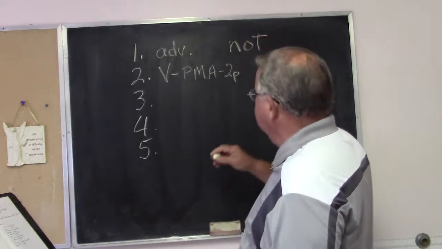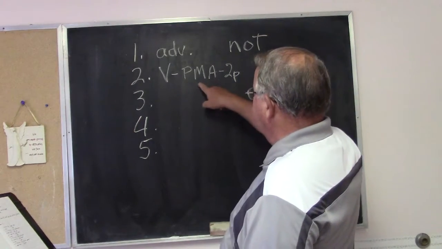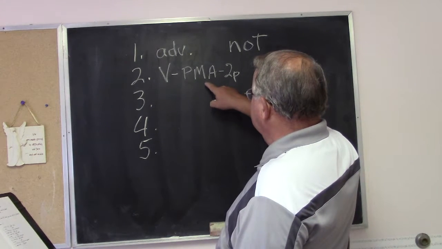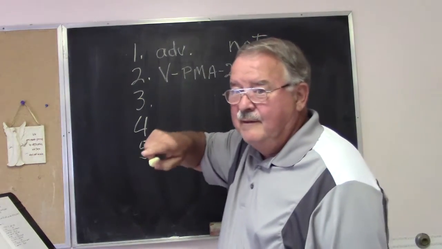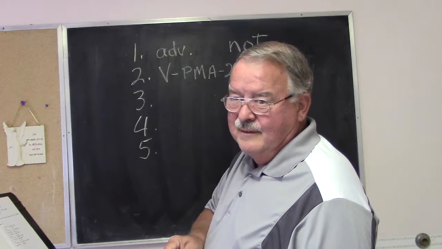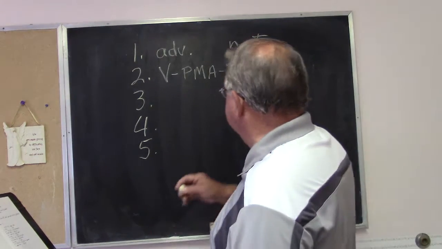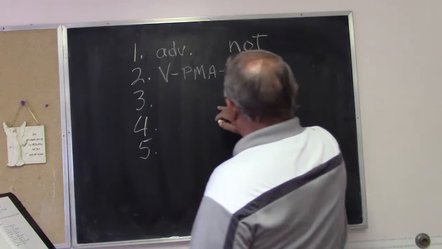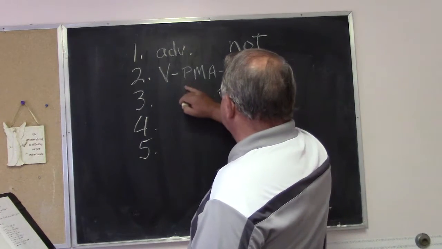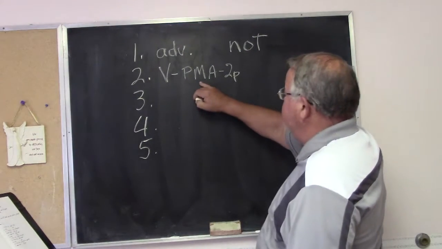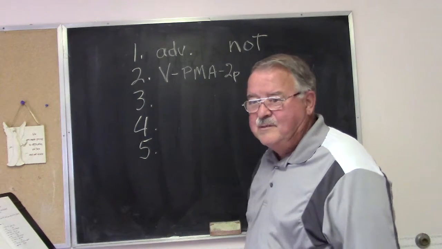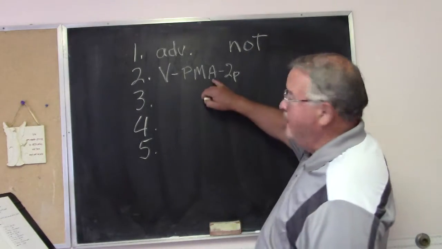A verb, present. Imperative. Active. M is imperative, which is a command. And then the A is active.